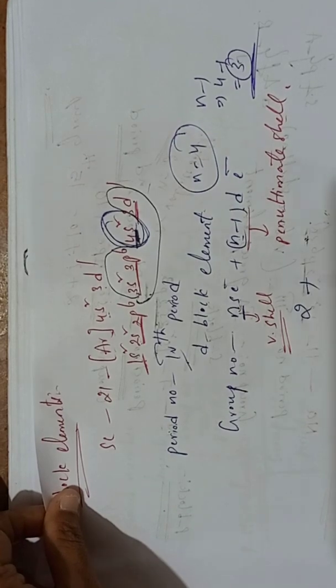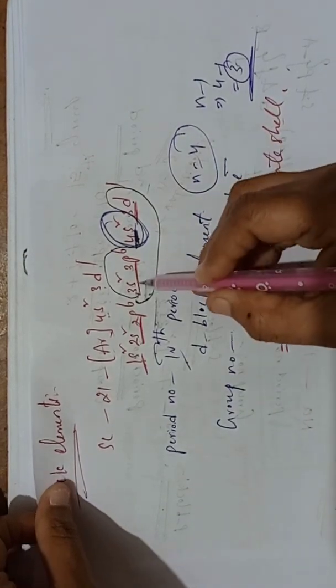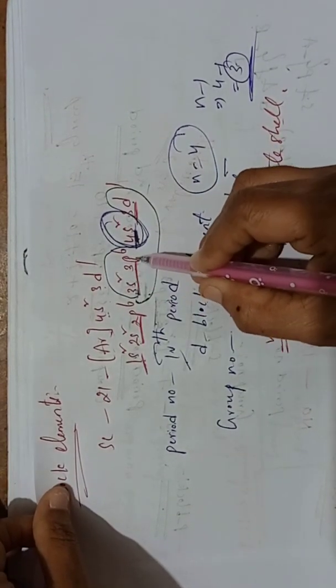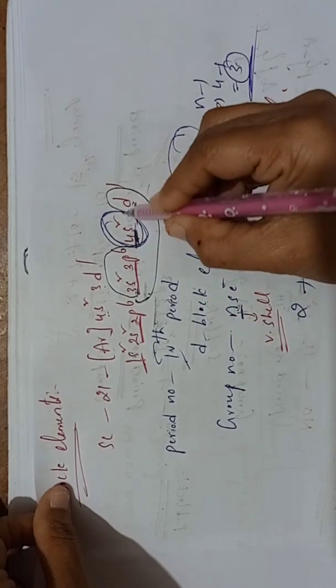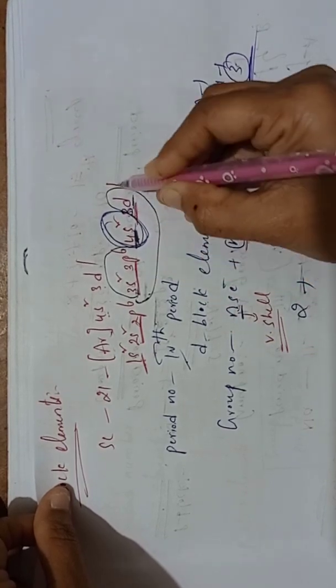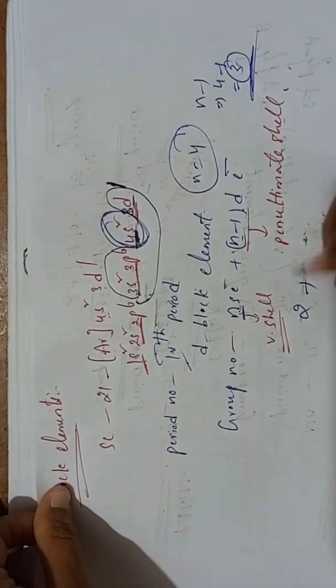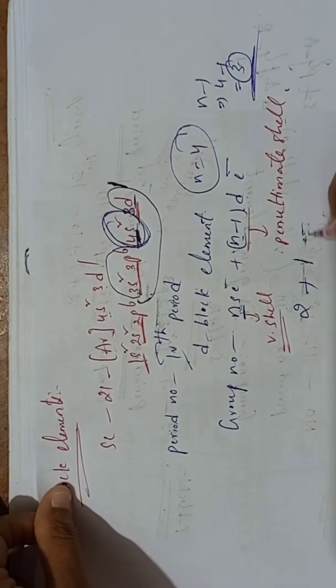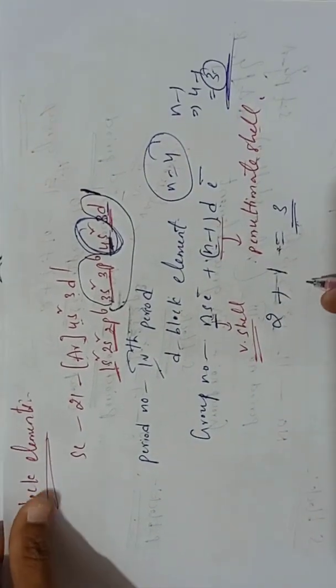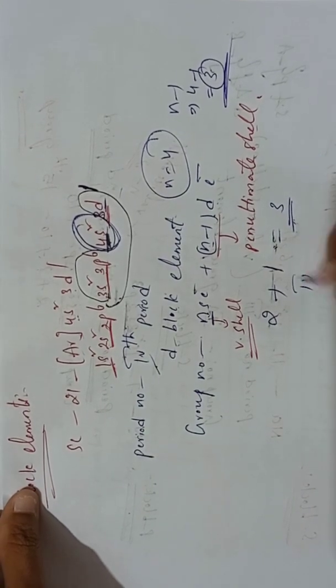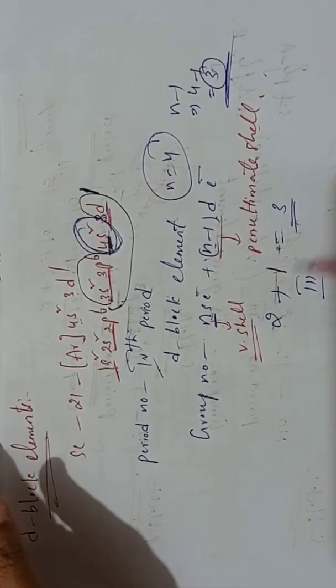In the third shell, s, p, d are there. How many d electrons are there? 1 electron. So 2 plus 1, how much? 3. That is why it is a d block element.